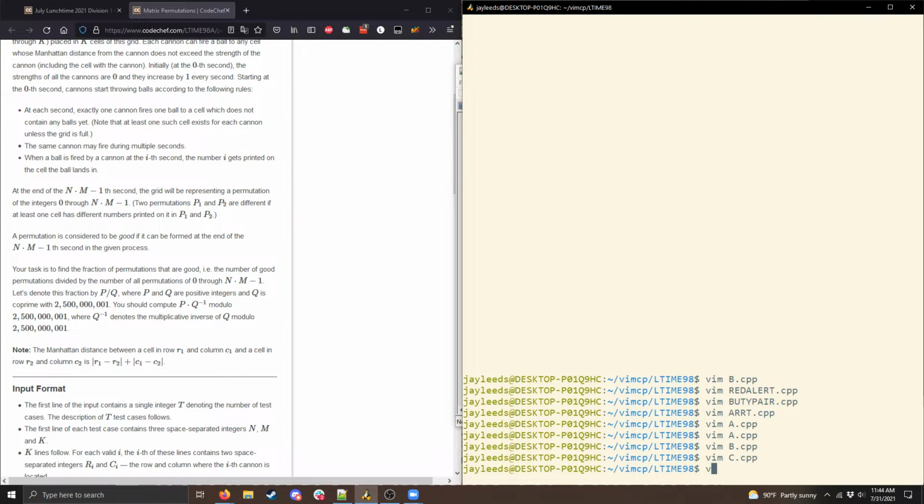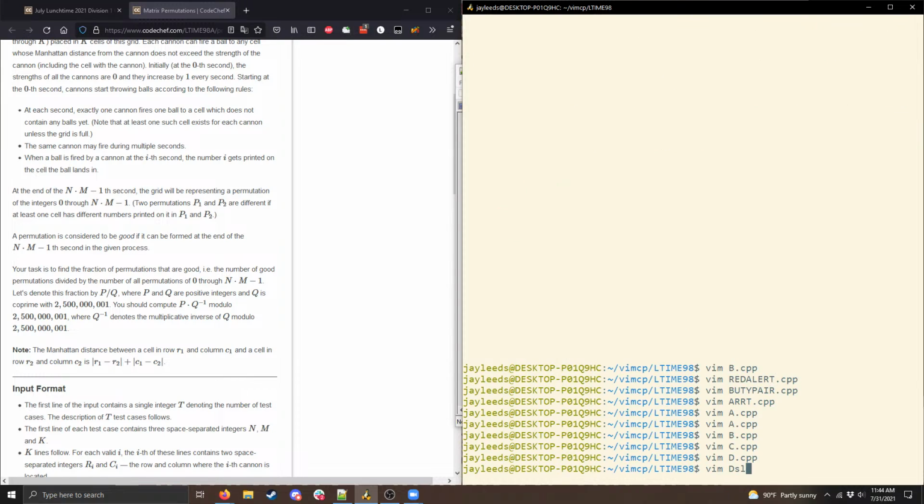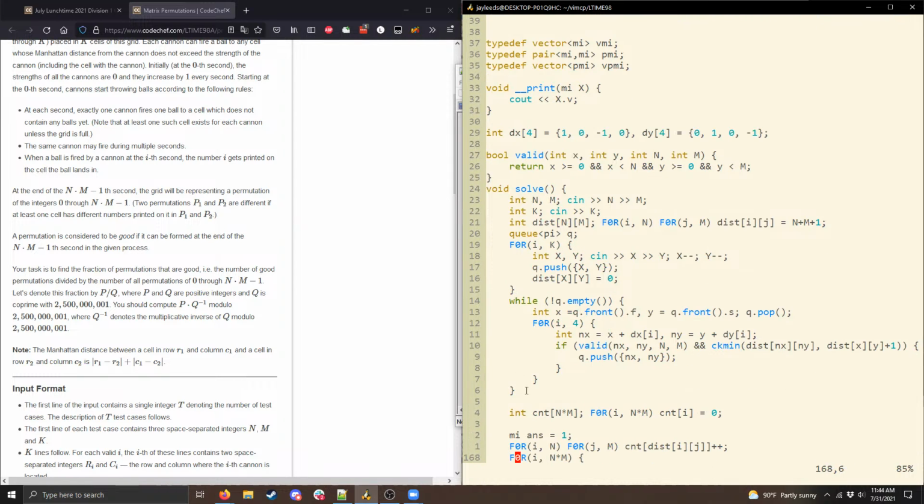Alright, so let me show you my code. Oh, sorry, I just have it in D-slow because I was doing a slow solution. So what I do is I read N, M, K and I compute the distance, and this is a fairly standard multi-source BFS.